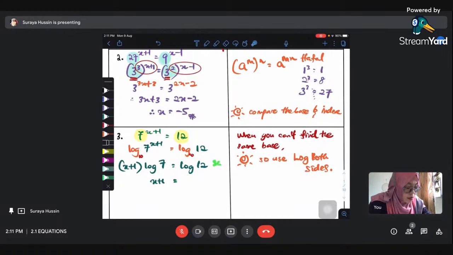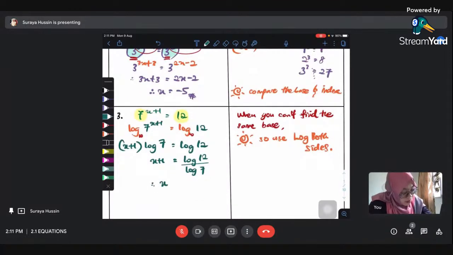Is there an x here? No, there is none. Tak ada x langsung pun di belah kanan. Jadi teruslah sahaja membuatkan x ini sebagai subjek, x plus 1 sebagai subjek. Therefore log 12 divided by log 7. And then jadikan x sebagai subjek, you will get log 12 divided by log 7 and then minus 1.